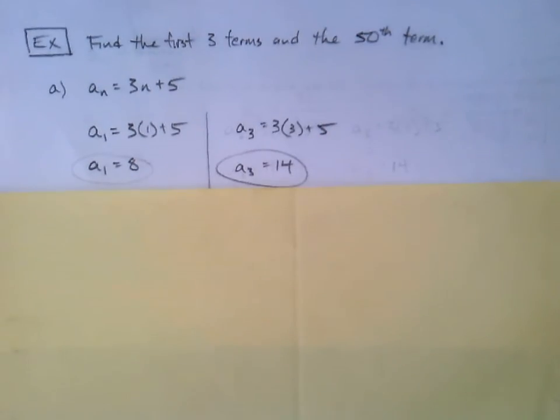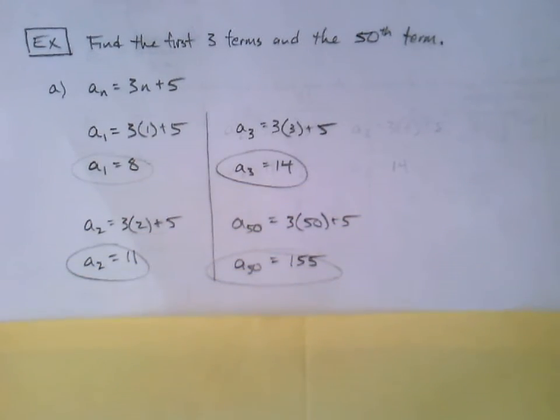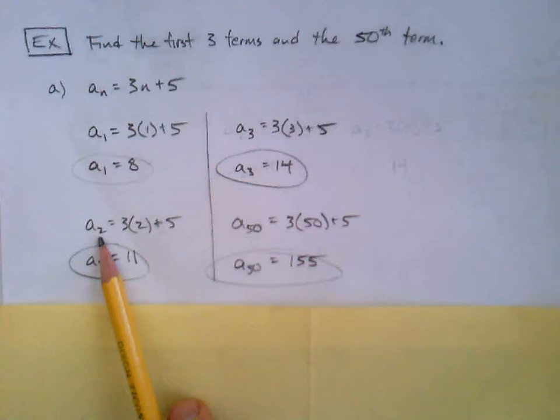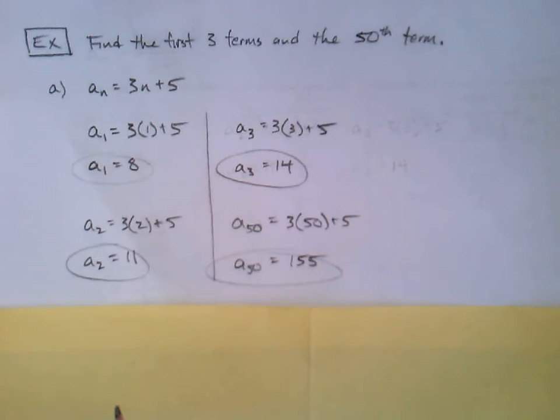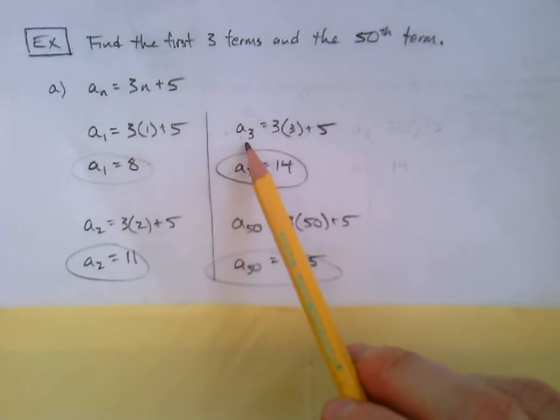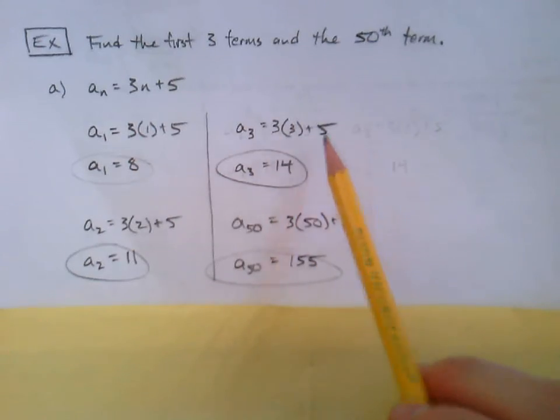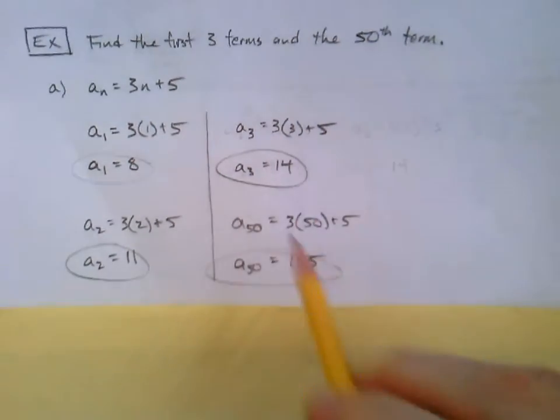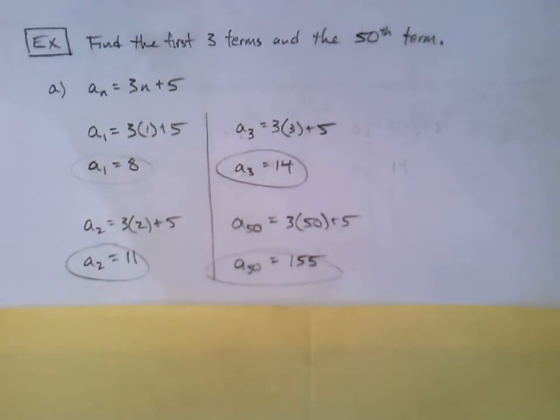I'm just going to go ahead and show you all the work here for this first example, but we'll talk through them one at a time. The second term, a sub 2, well, that's 3 times 2 plus 5, which turns out to be 6 plus 5 is 11. The third term, a3, 3 times 3 plus 5, which is 9 plus 5, 14.